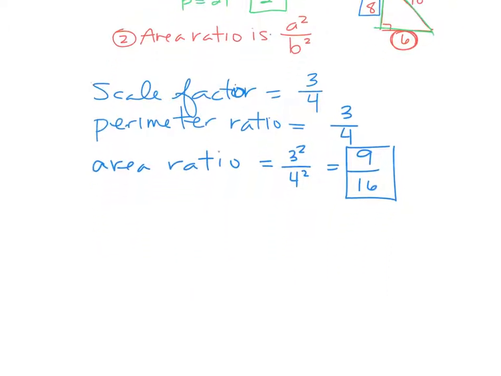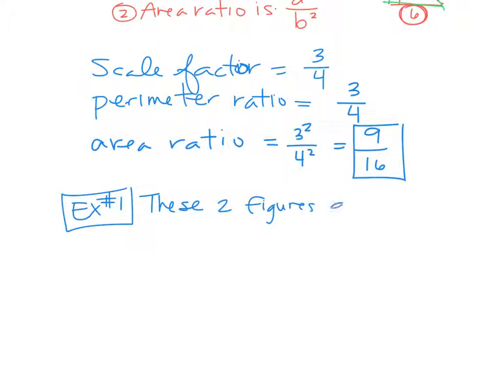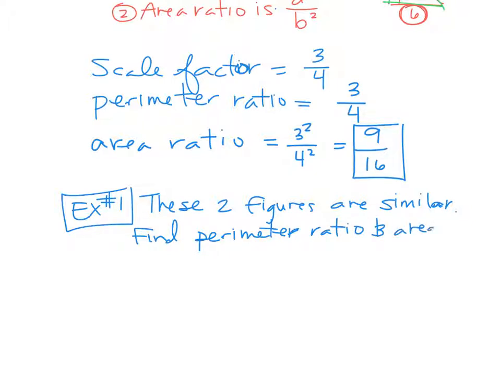Okay, so we're going to do a couple examples just to see if we're getting there. First example, it says these two figures are similar. Find the perimeter ratio and the area ratio.